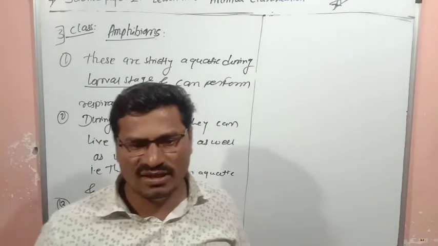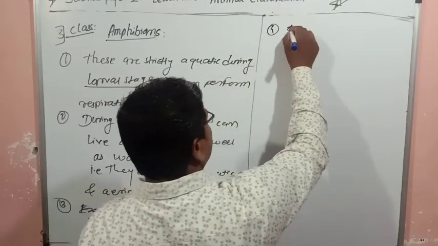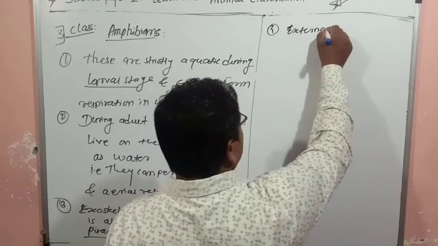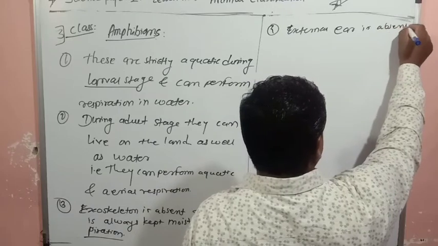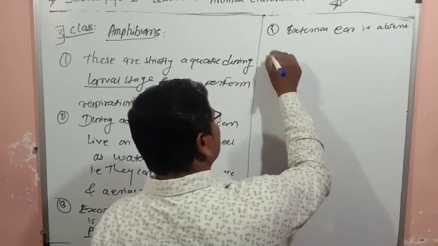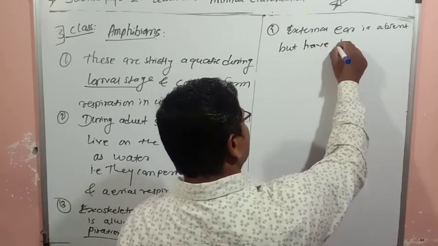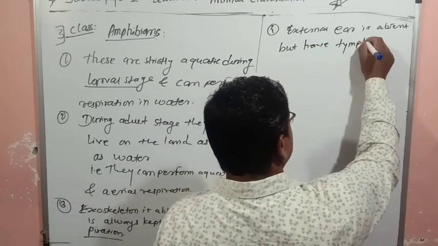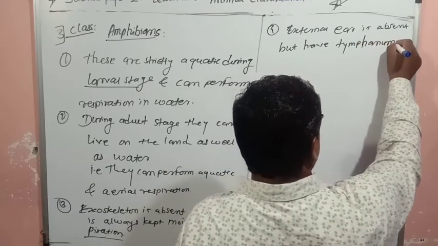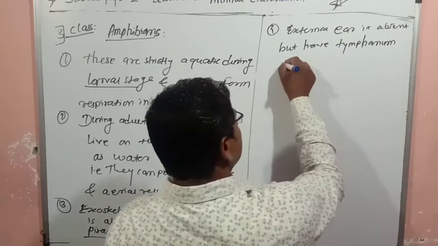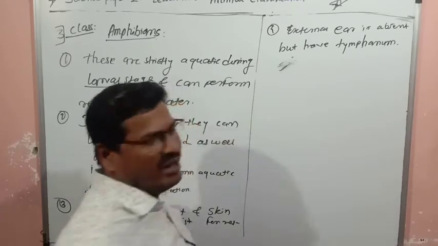Next thing is, external ear is absent. Fourth characteristic is external ear is absent but they have a tympanum, or tympanic cavity also you can say.